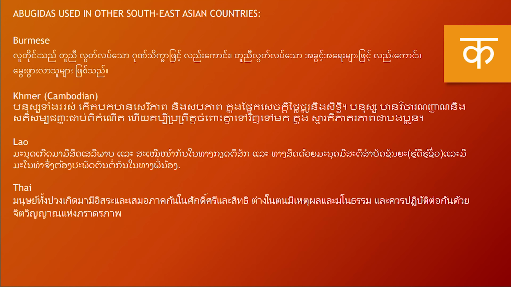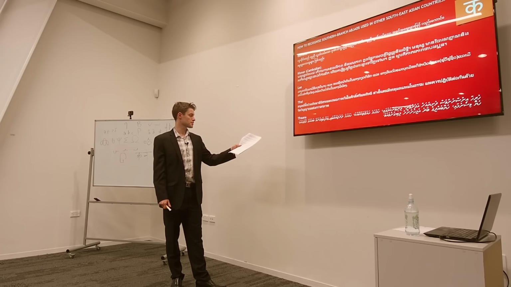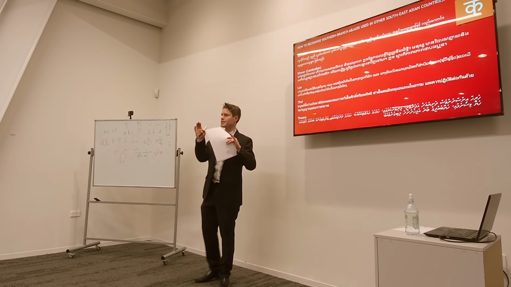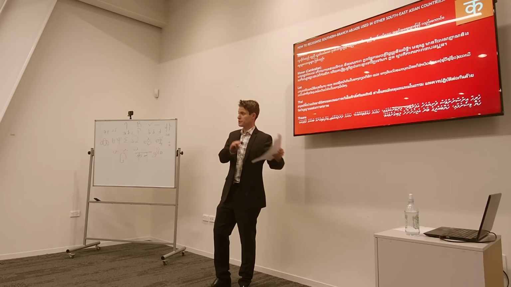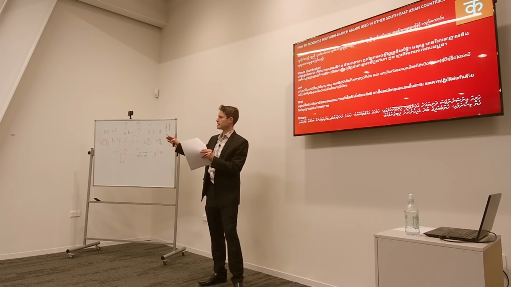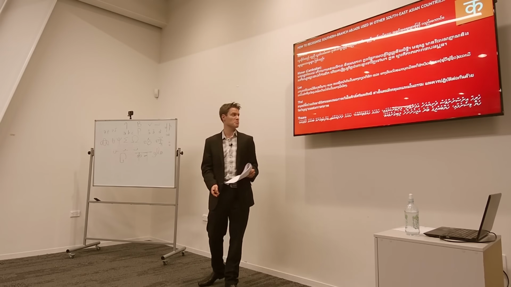All right, finally, Thaana, which is completely separate to these other scripts in the Abugida category. It's not actually an Abugida at all. It only came into being in the 1600s. So the first 9 letters of this alphabet resemble Arabic numerals that were in use at the time, and the following 9 letters resemble Telugu numerals that were in use at the time.